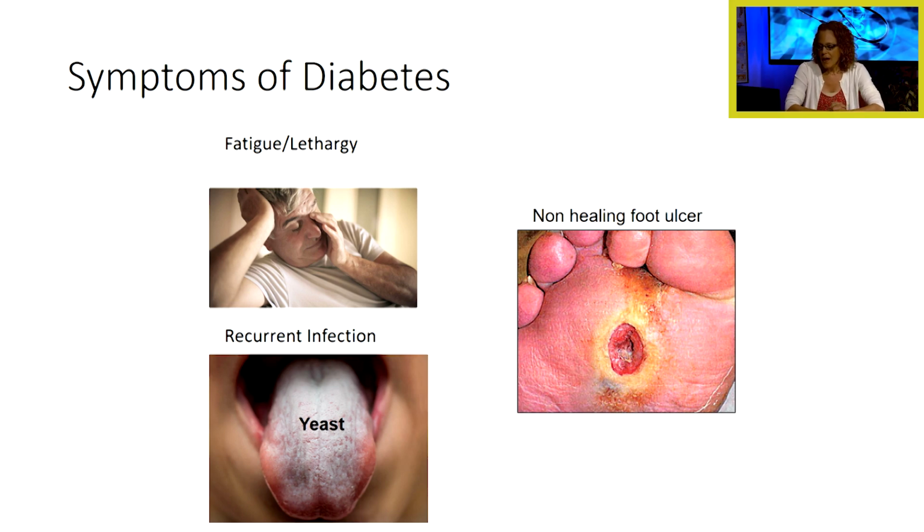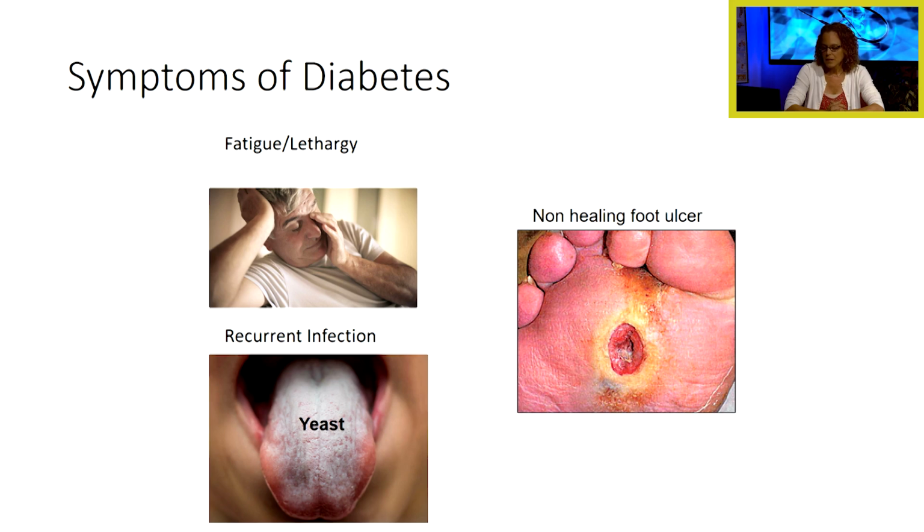We know that raised blood sugar levels are a better medium for infection, okay? The bacteria can be feeding off of the sugar in the blood. Here we see an example of recurrent yeast infection. This one is in the mouth, on the tongue. This is what a yeast infection looks like.